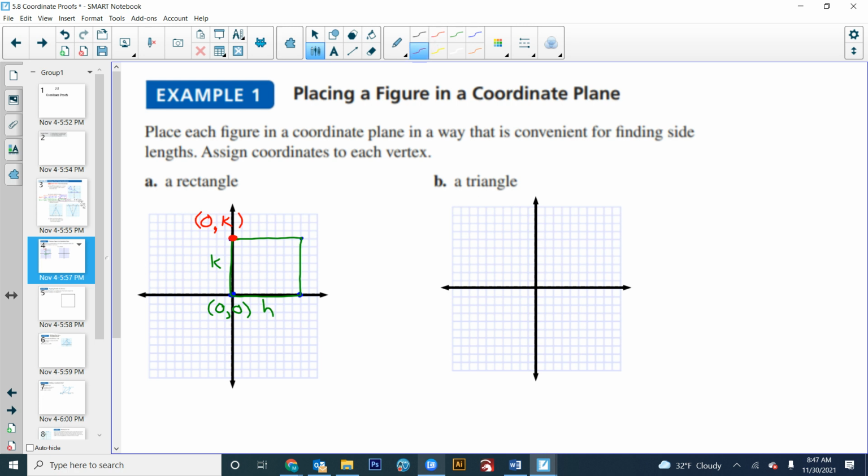All right, how about this point over here? Jared. H, comma, 0. And that makes this point up here. Who can raise their hand and tell me that one? Page. H, comma, K.